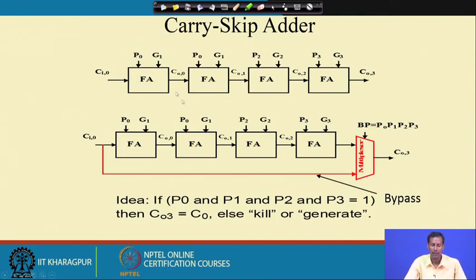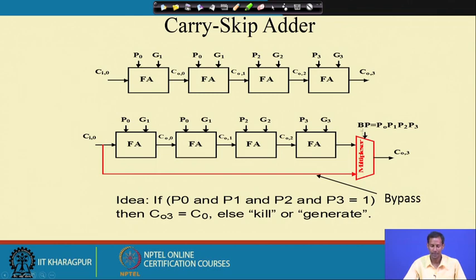Here you see the upper architecture is nothing but the ripple carry adder. But here I have put one multiplexer, and the input Ci, the carry coming in, is connected at this particular point of the multiplexer. And what is the select line?